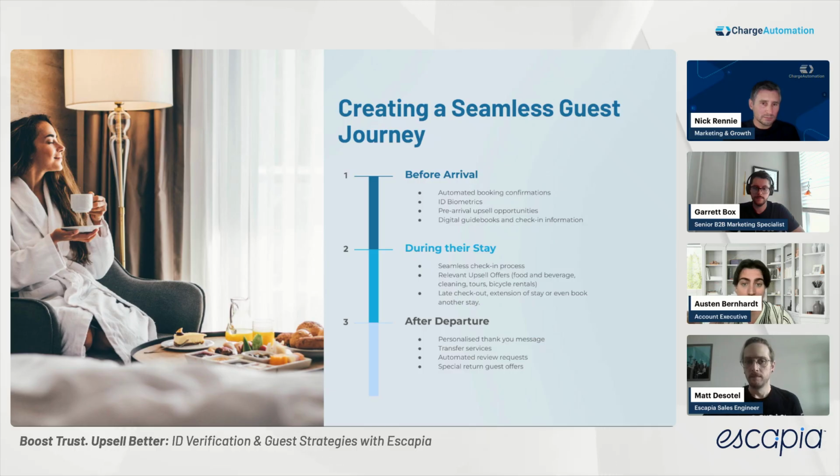So, for example, before arrival, having some high-ticket, experience-changing upsells, like a private chef or maybe a grocery delivery service, renting a boat. You're pushing limits here, that you really are. Those are the higher-ticket items.